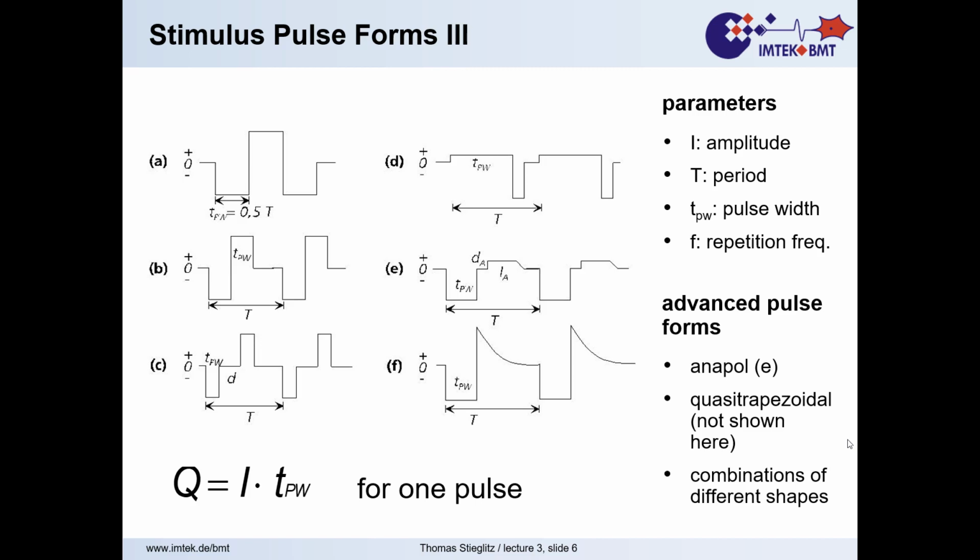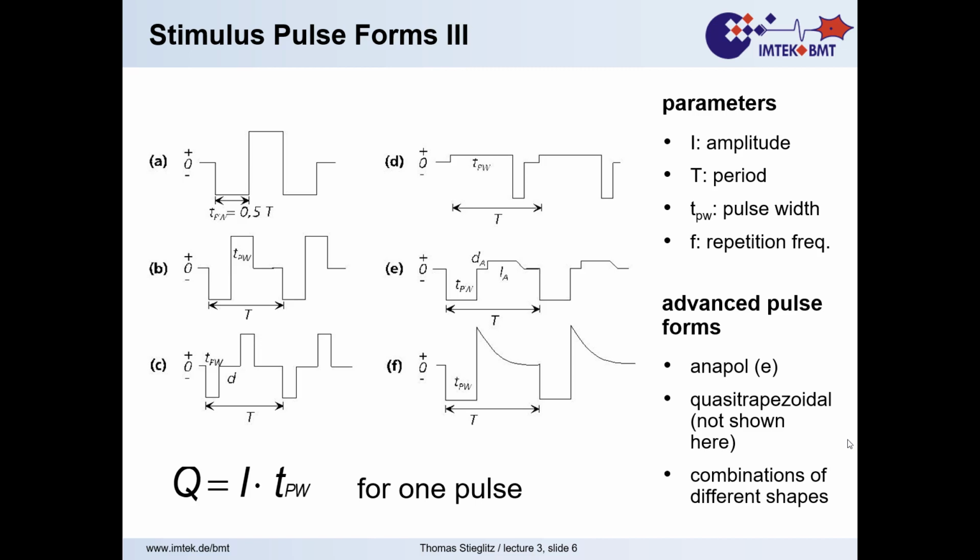So there could be a delay between the cathodic and the anodic phase, and we call that D. There are some physiological reasons why it might be clever to include that. And I don't want to switch between chemistry and physiology. So we do the chemistry today, and when it comes to the effects, later on I'll jump back to that mechanism.